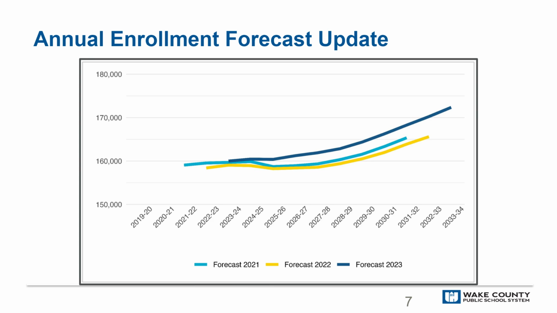And the darker blue line reflects adjustments based on information included in the most recent 2023 forecast. Although there is not a significant amount of change in the near-term years, you can see that the most recent forecast shows a more aggressive growth rate in the out years. This information is helpful in determining if we have sufficient capacity in our existing schools to respond to this type of growth.